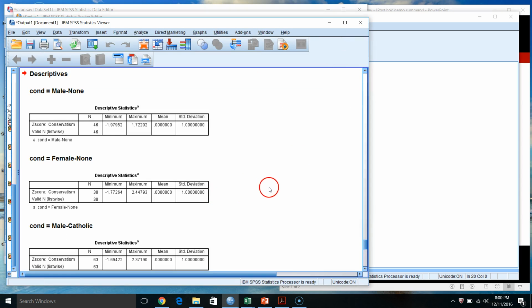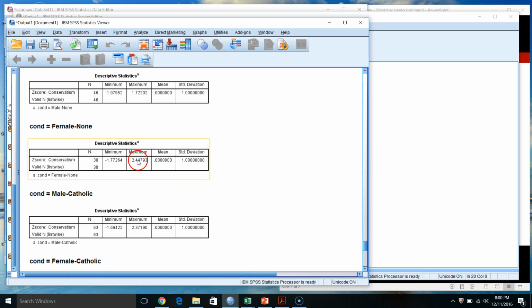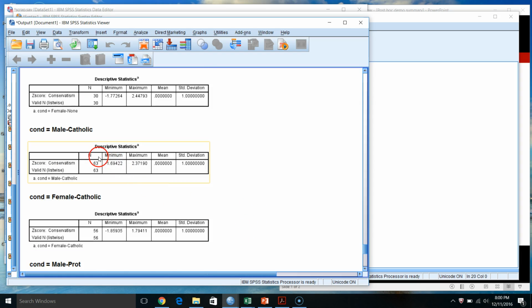So if we go down through, take a look for our men without a religious affiliation, nothing too huge. It looks like high levels of conservatism among our women without a religious affiliation. We've got at least one person scoring close to 2.5 standard deviations above the mean, but again, our graphs suggest that there's not too much going on there.